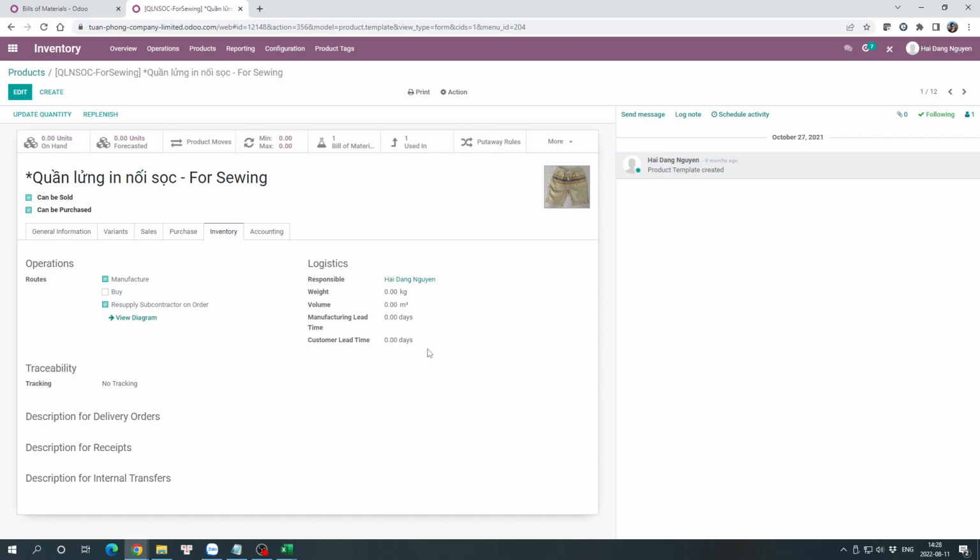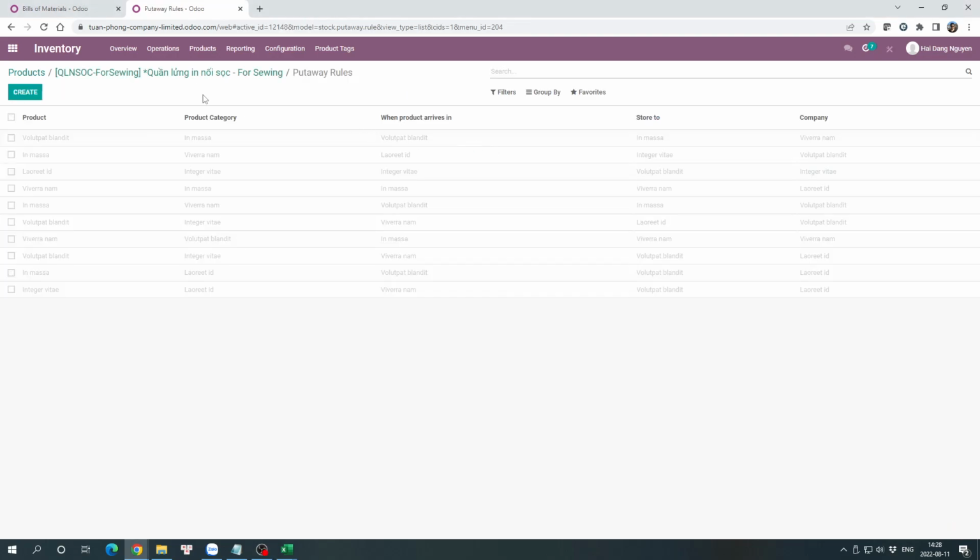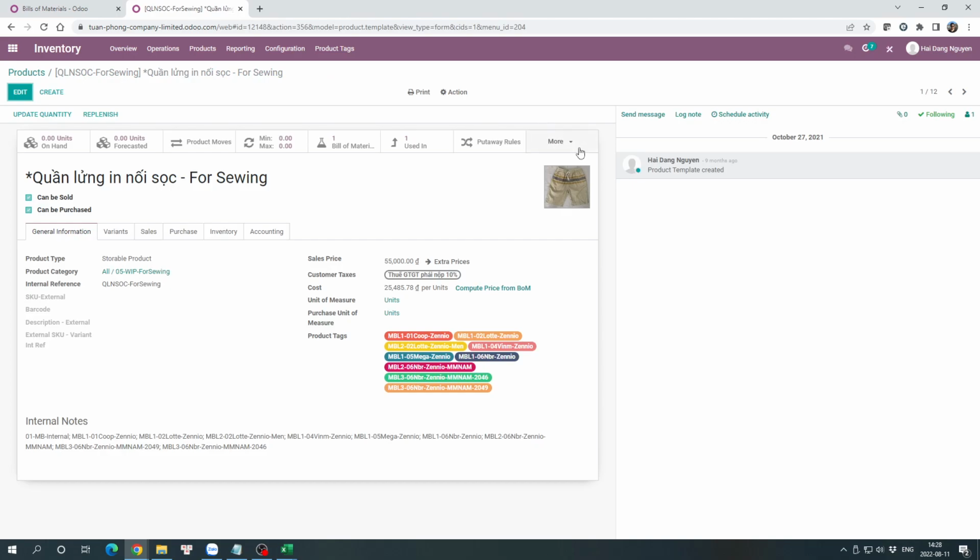If you're new to the system, it might be confusing. You don't see things being triggered because these lead times are in place. Anything else? Putaway rule? Not really. Okay. So that was the first work in progress product.